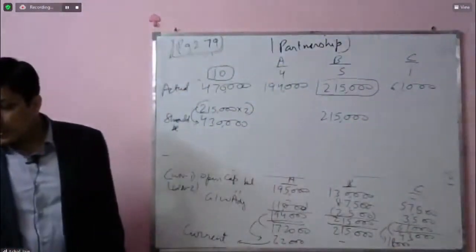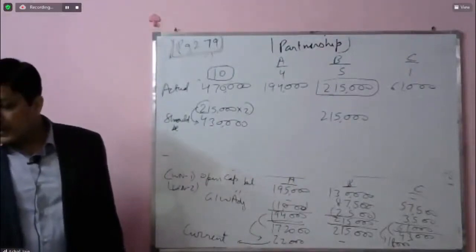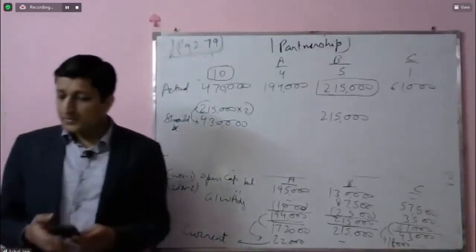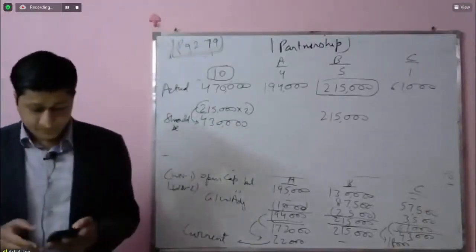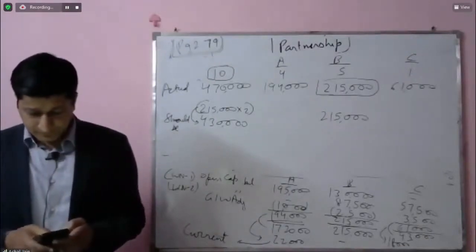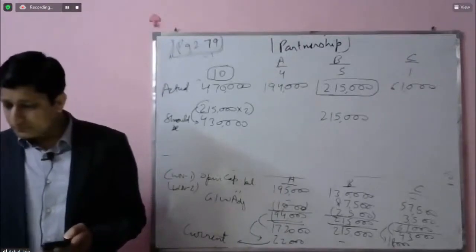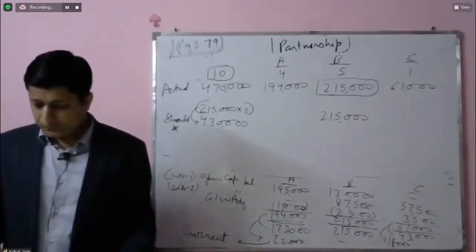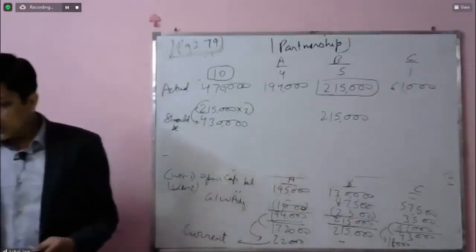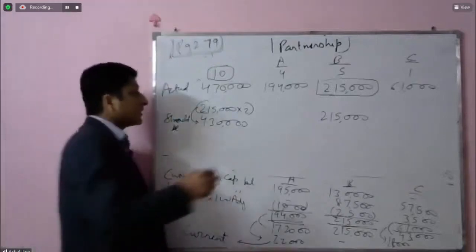So what are their new ratios? Let's try to compute it simply. 2,15,000. Let me just compute it. So this comes out to 1,72,000.